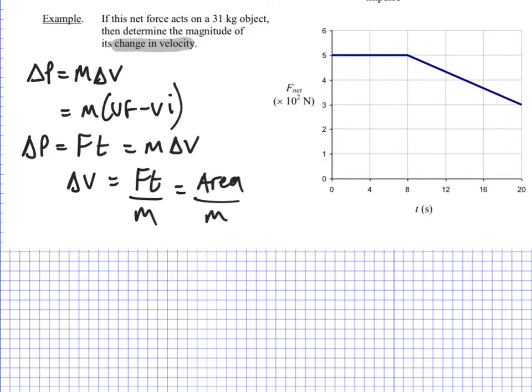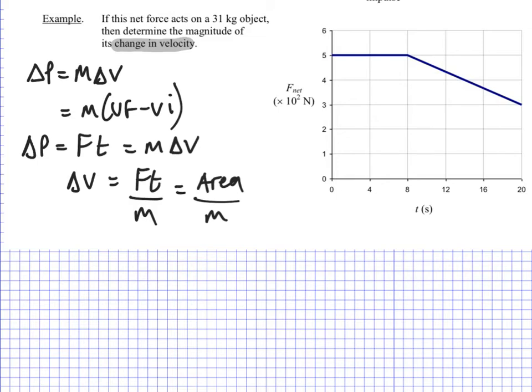So let's go ahead and analyze the graph. Notice that we have a straight horizontal piece of the graph, and then it breaks and gives us this declining straight line. So we're going to have to break this into a few different sections. Again, just to recap that, of course, the area of a rectangle is going to be length times width.